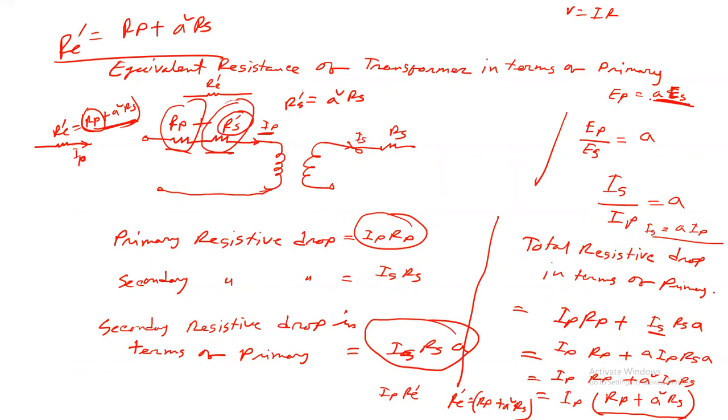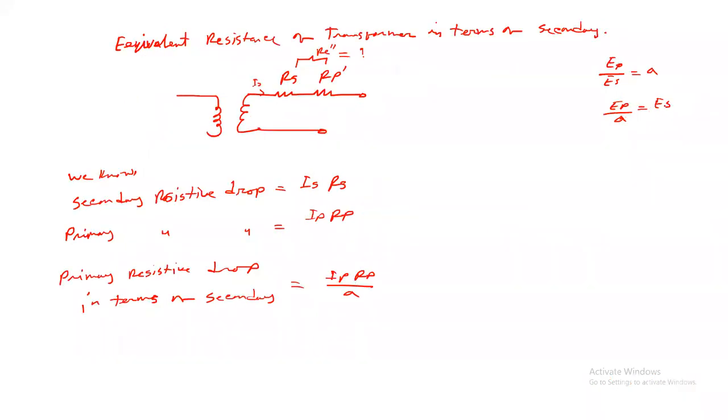EP is equal to A ES, but ES is equal to EP by A. So ES is this, because this is the secondary part. So the secondary part primary voltage drop is IP RP by A.